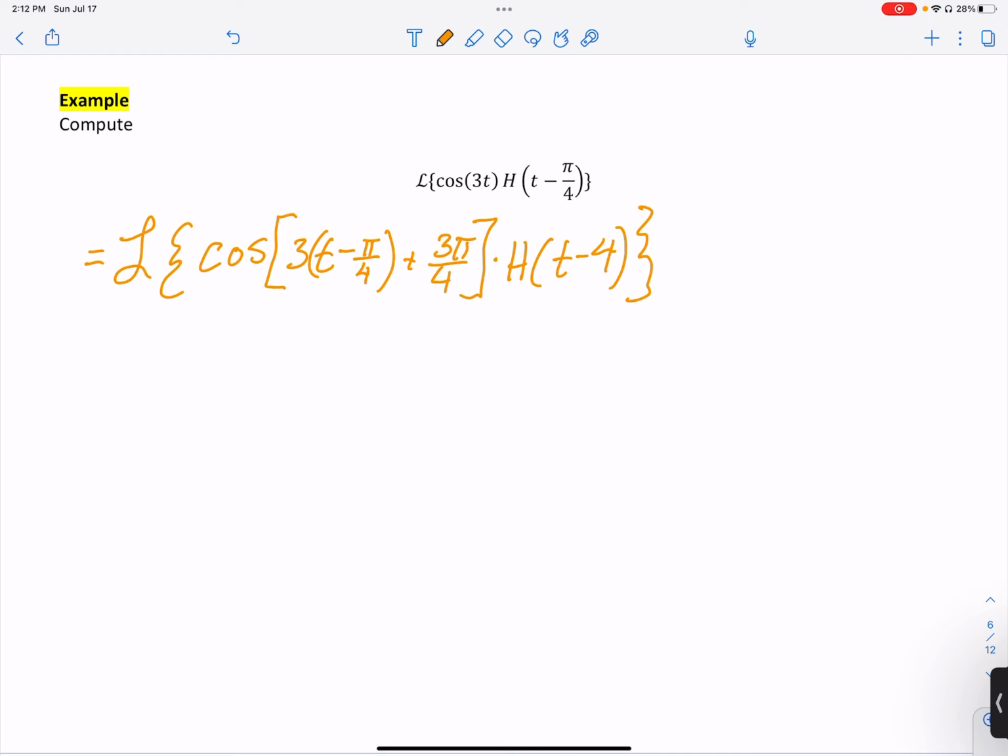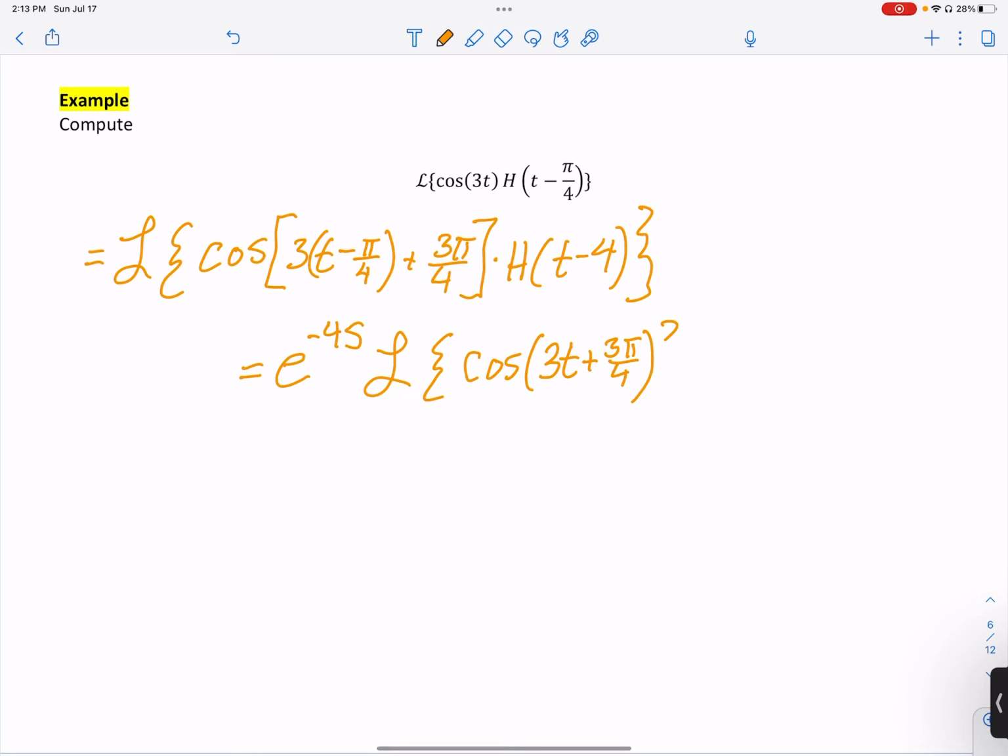Okay, so notice this is just e to the negative 4s using the last rule times, we can leave that off, Laplace of cosine of 3t plus 3 pi over 4.